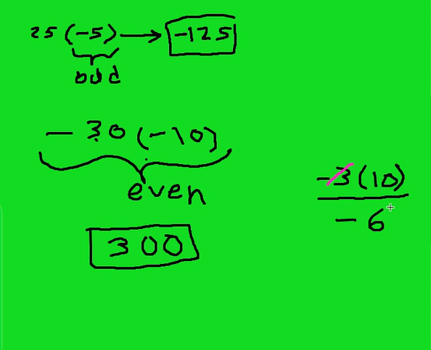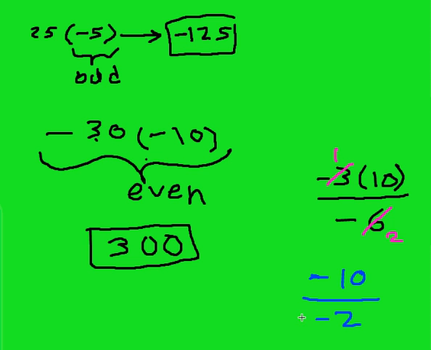Well, negative 3 and negative 6 can be simplified to negative 1 and negative 2. So we end up getting negative 1 times 10, which ends up being negative 10, over negative 2.